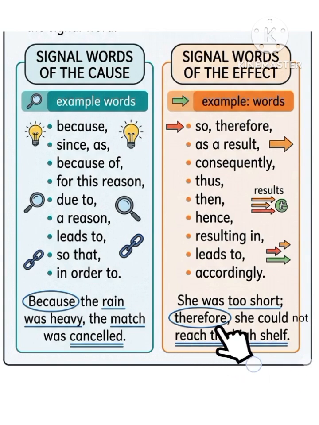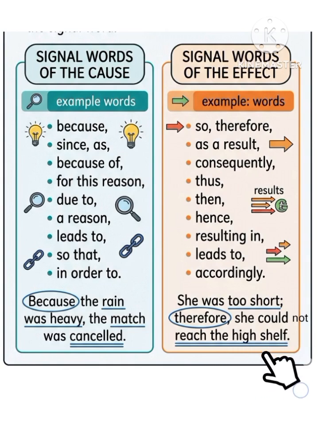Does it mean that after therefore we have a cause or an effect? Yes, of course. After therefore, we should have an effect. Therefore, she could not reach the high shelf. Why?